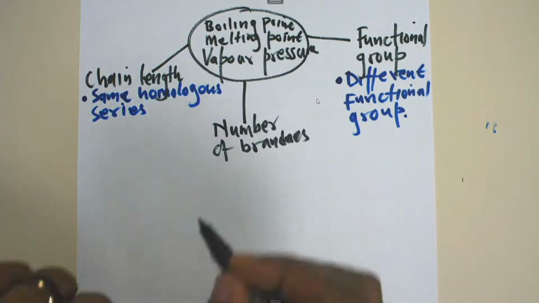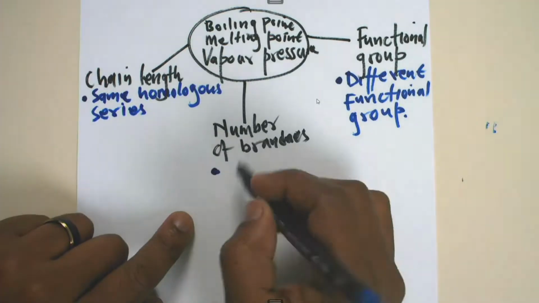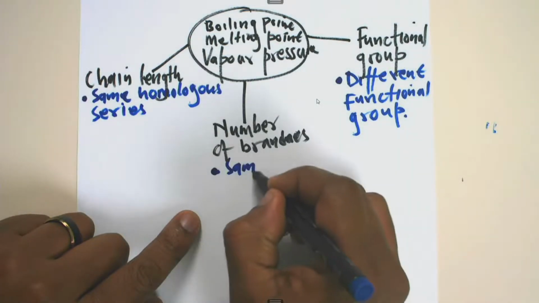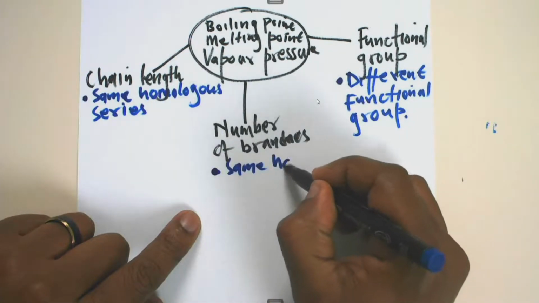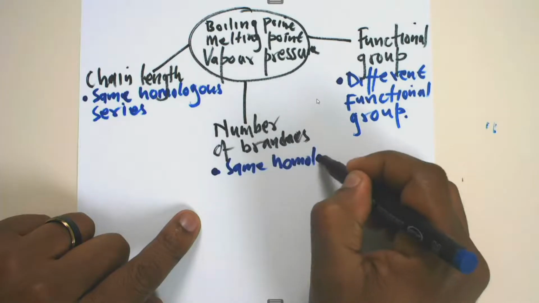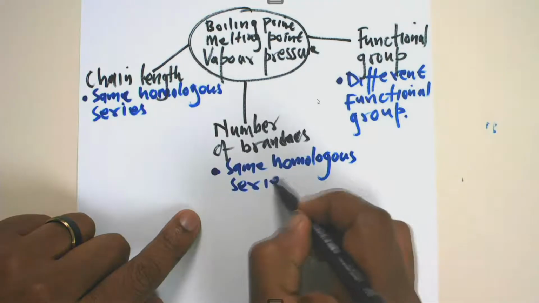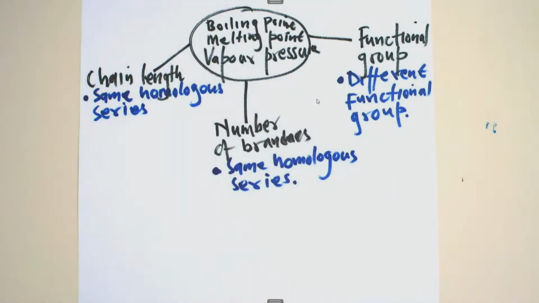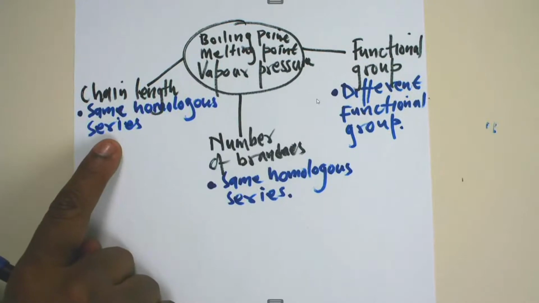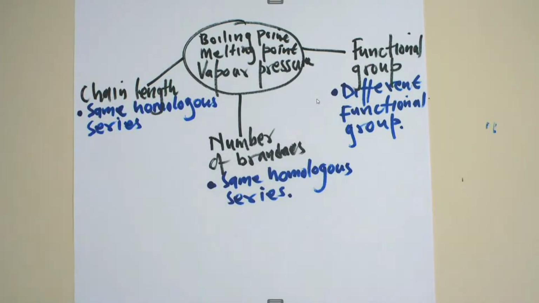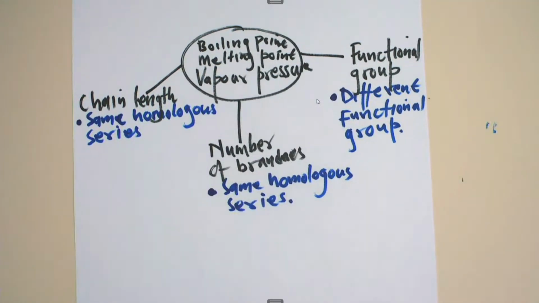And for the number of branches as well, they must belong to the same homologous series. But it is not helping, because I can see that they belong to the same homologous series in chain length, and they belong to the same homologous series in the number of branches.